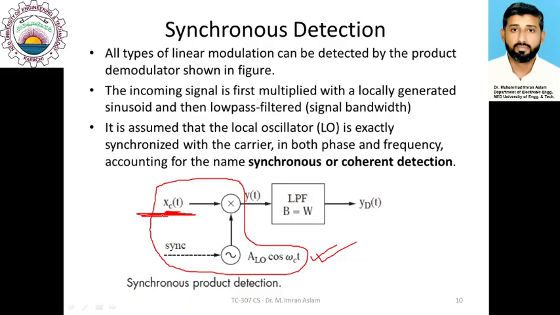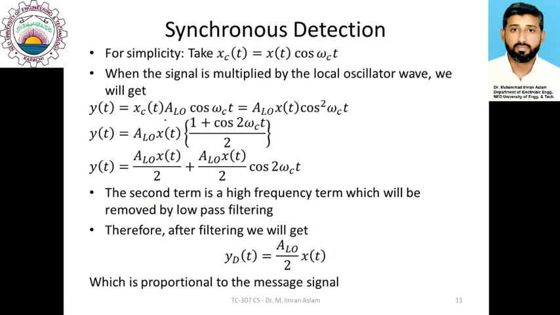So let me first illustrate that. For simplicity, I have taken this signal. Our AM modulated signal is actually a DSB signal, which is represented by multiplication of x(t), which is the message signal, and cos omega_c t, which is the carrier wave.